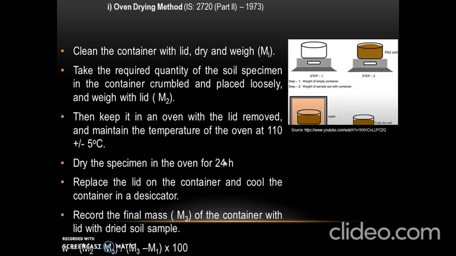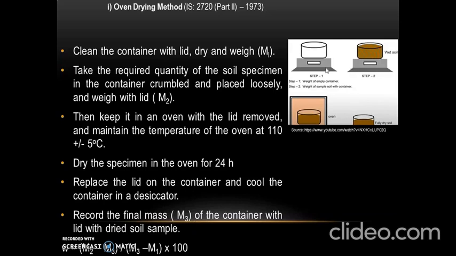After 24 hours, we need to take out the container along with the soil sample out of the oven, remove the lid and cool it in the desiccator. Later on, record its mass, which will be M3.